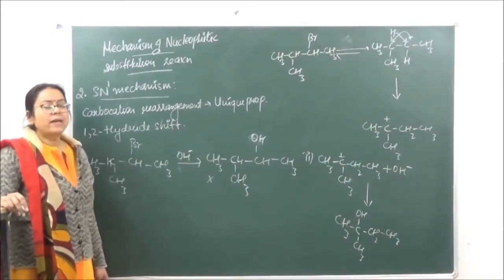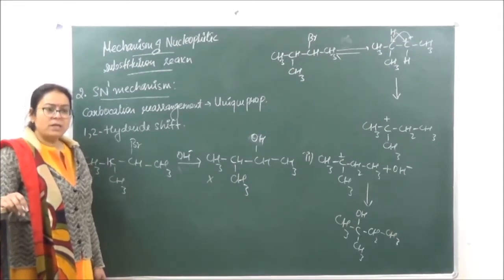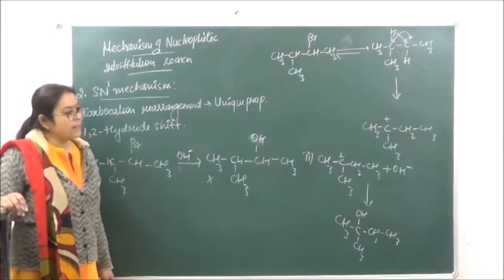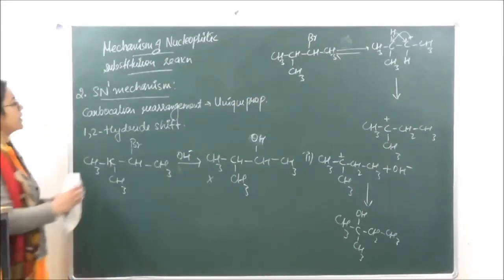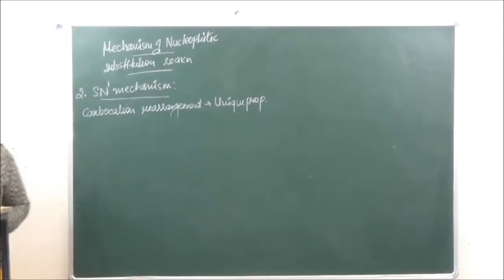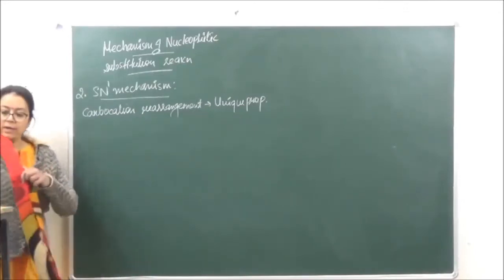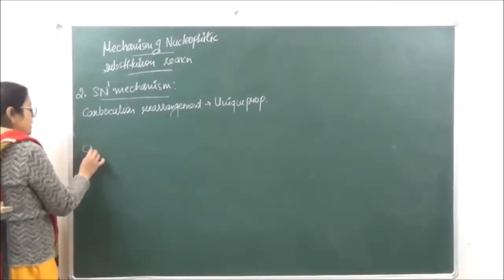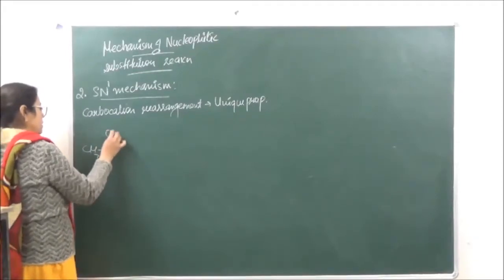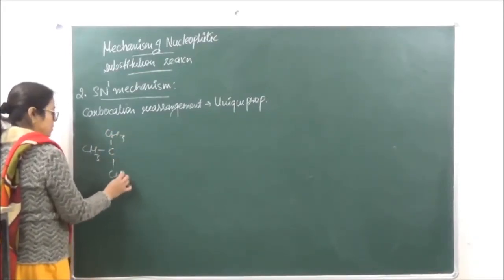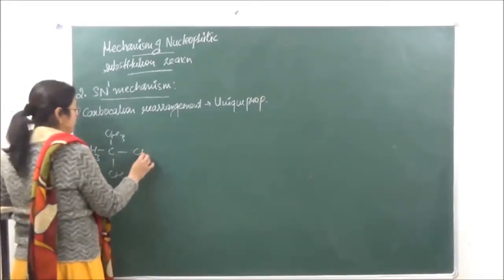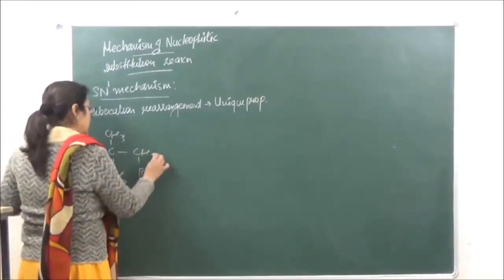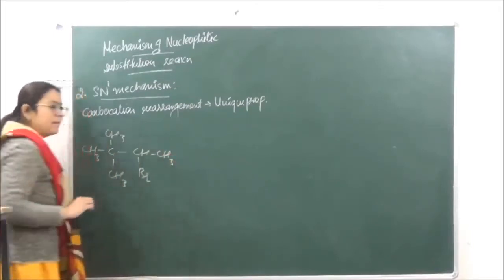Among carbocations, the most stable is 3 degree, then 2 degree and then 1 degree. In a similar manner, there is 1,2-methyl shift also which can take place. So we're taking another example over here. We have over here CH3 and this is the compound.